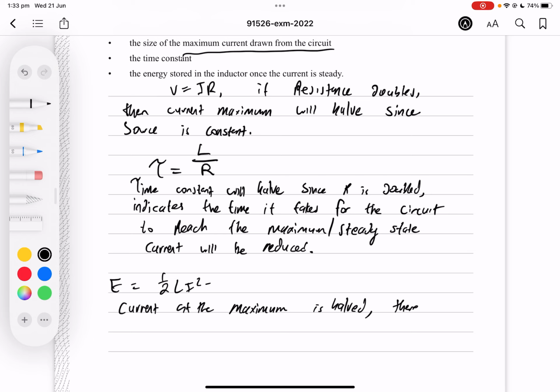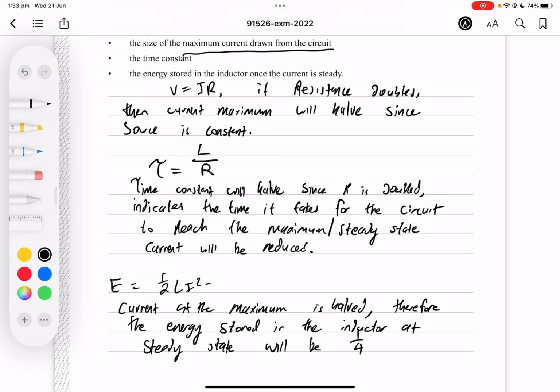Therefore, the energy stored will be 1/4 of the original.